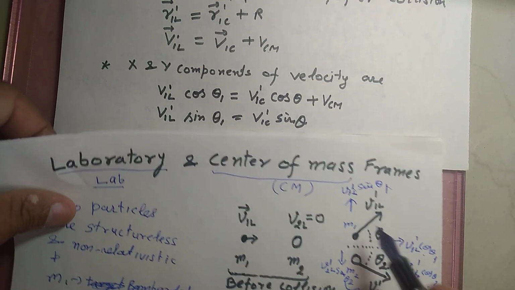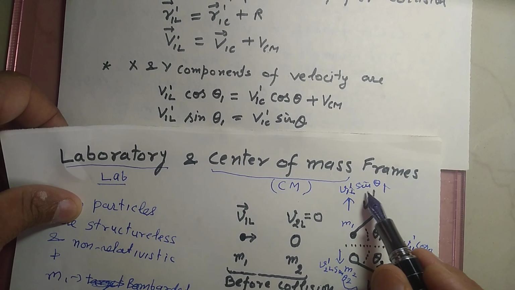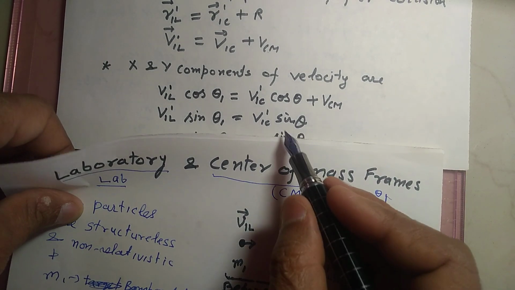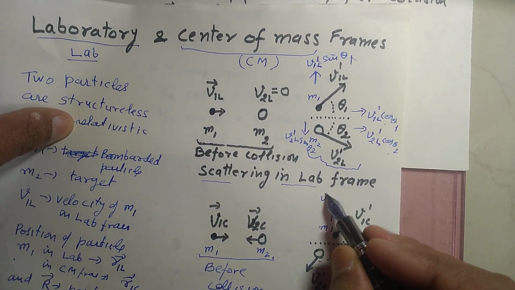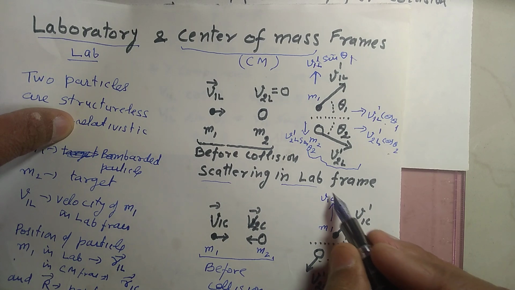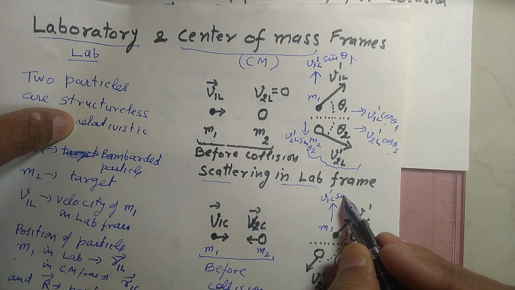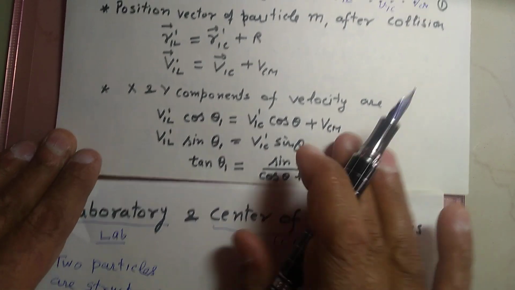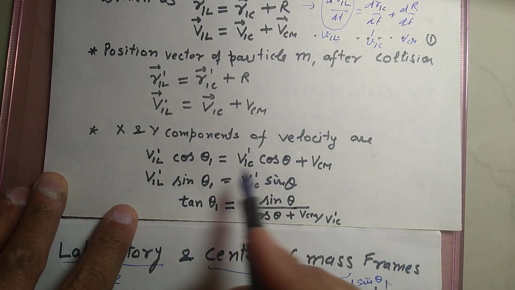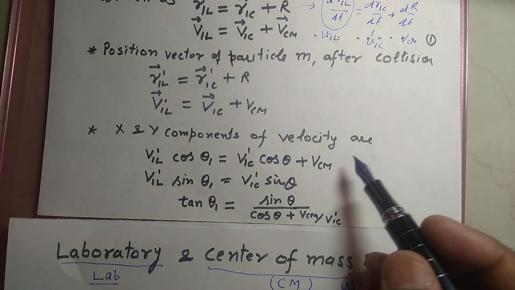Similarly, the y component: v1l prime sin theta 1 is equal to v1c prime sin theta. So we wrote the x and y components of velocities for the scattered incident particle.